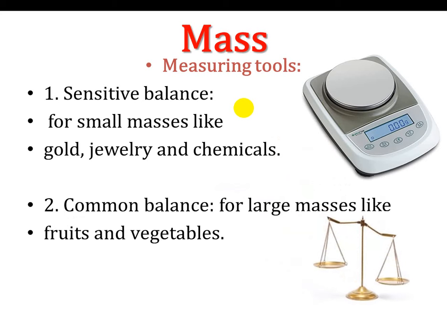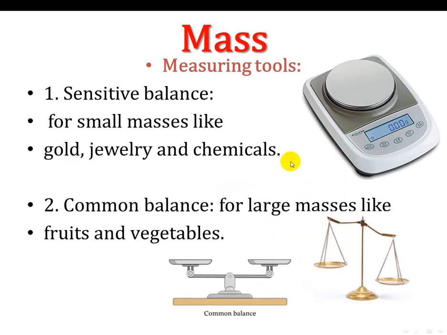This is a kind of the common balance, and this is the other shape of the common balance. And this balance is sometimes called two-band balance because it has two bands. Okay, so the mass has measuring tools: the sensitive balance and the common balance.